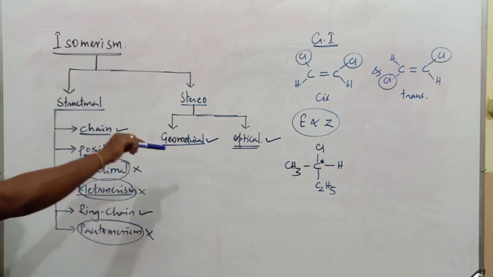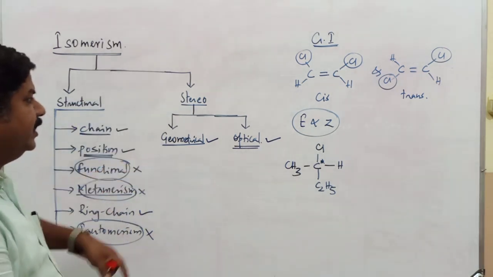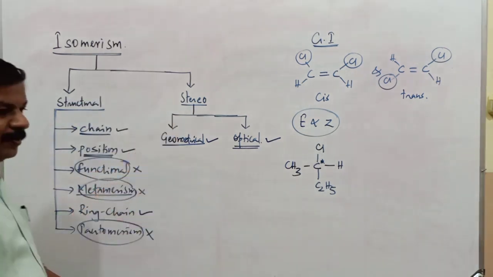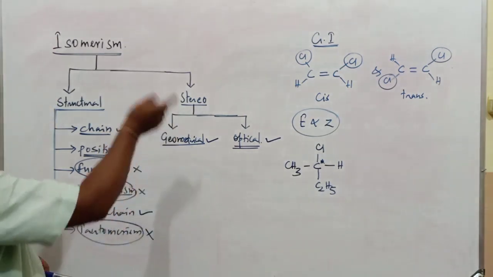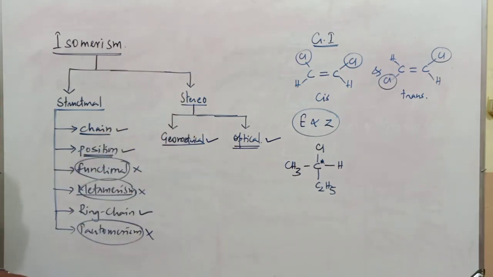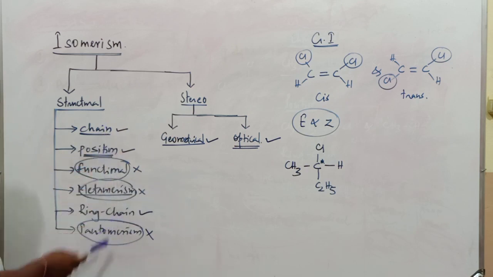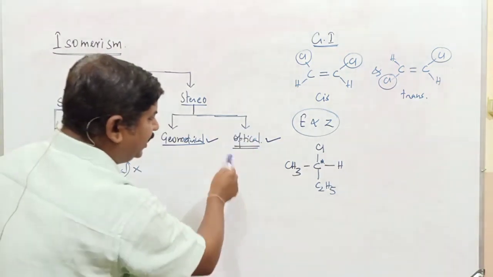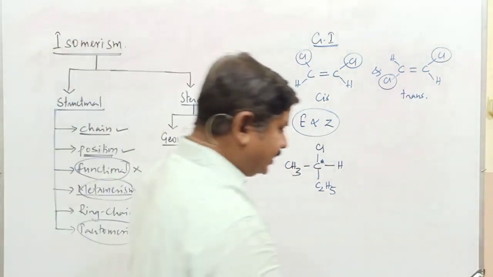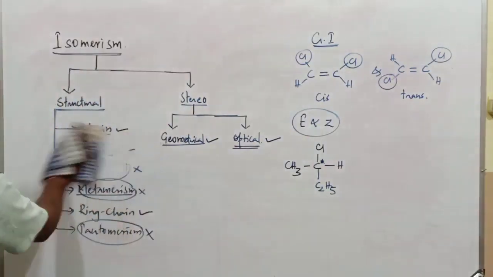In addition, these compounds also exhibit conformational isomerism, as we will see with Sawhorse and Newman projection formulas. But from the board point of view, chain, position, ring chain, geometrical and optical isomerism are important. Optical isomerism we will discuss in detail for these halogen derivatives.